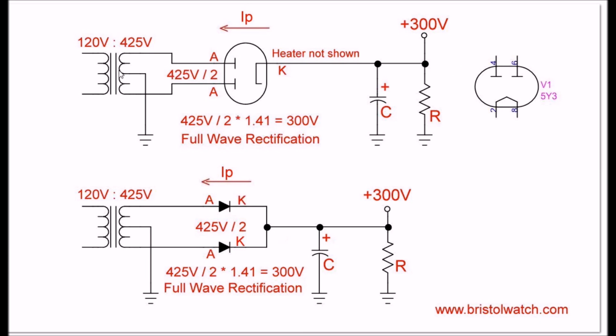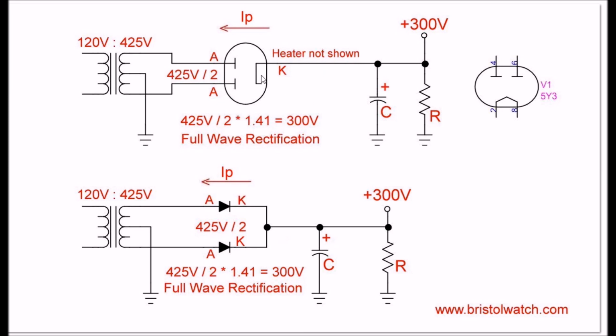If you remember your basics, using the center tap transformer in this configuration, we're going to divide the 425 volts by 2, and then when rectified and filtered, it's 425 divided by 2 times 1.41. It's 300 volts approximately. All right.